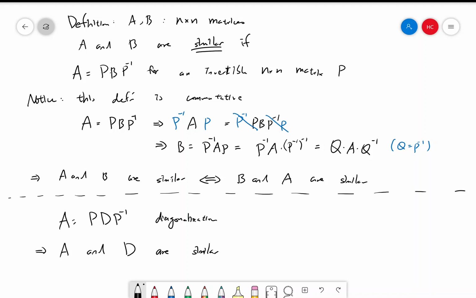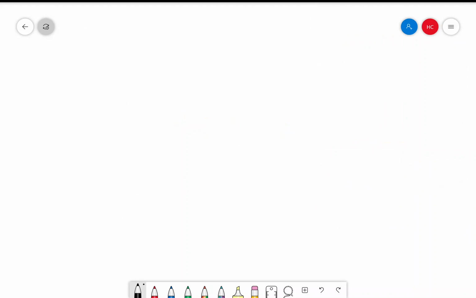Okay, so let's recall another example from the previous section. So recall this example. A is 3, 0, 0, -4, 6, 2, 16, -15, -5. So it's a 3 by 3 matrix.